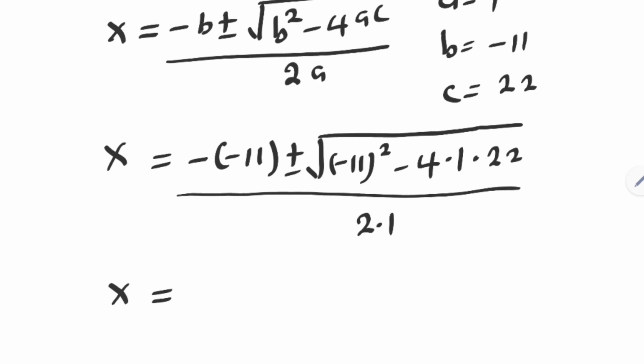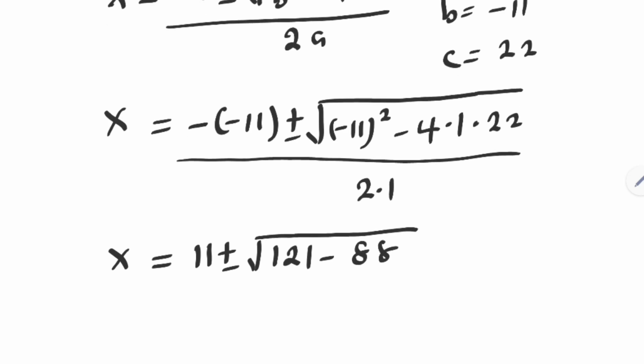S is equal to minus times minus 11, this is 11, plus or minus square root of minus 11 squared, that is 121, minus 4 multiplied by 1 multiplied by 22, that is 88, divided by 2 multiplied by 1, 2.